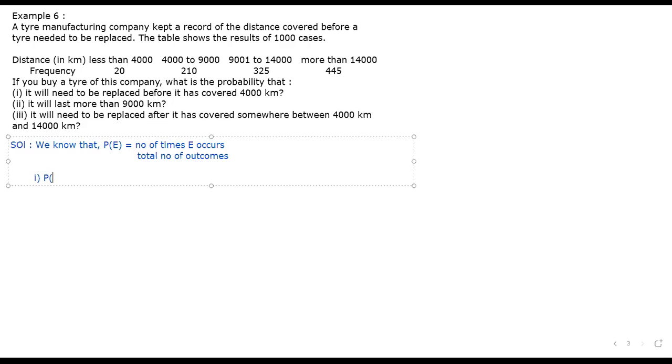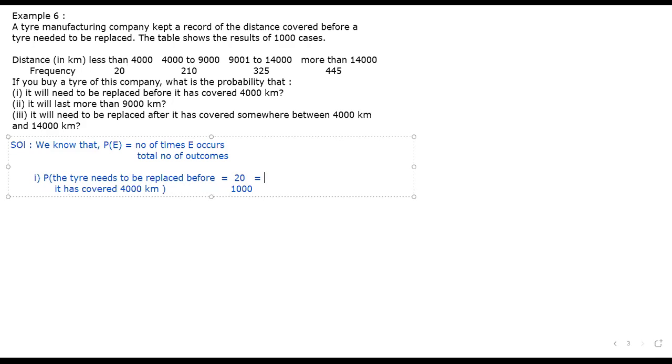Probability that the tire needs to be replaced before it has covered 4,000 kilometers is equal to what? 20 upon 1000. 20 upon 1000 is equal to what? 0.02, because 10 and 10 have cancelled, and because of two zeros, two decimals we had to take.